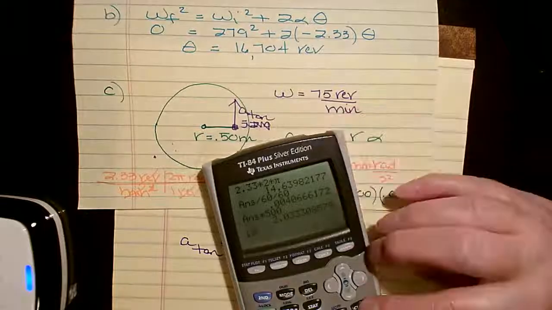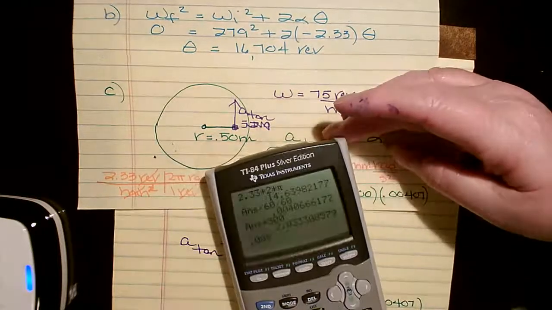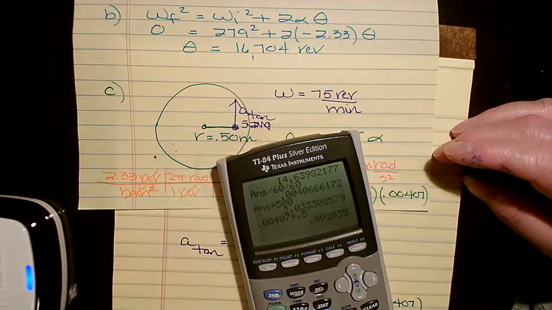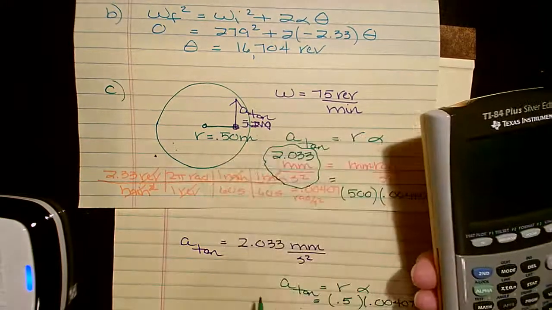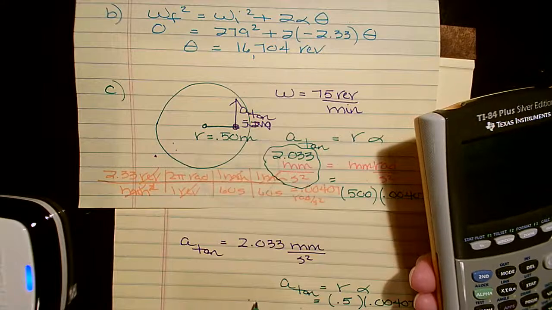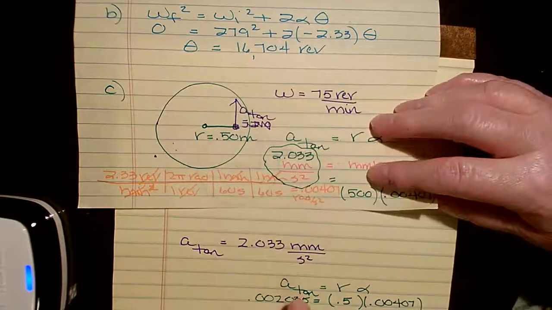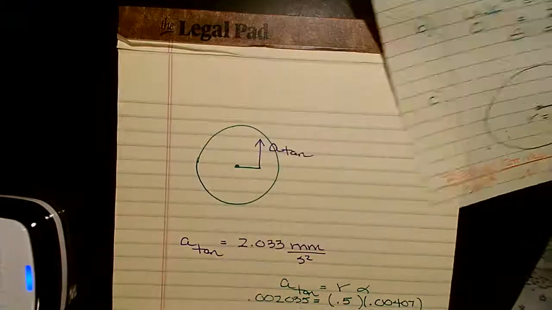So that is going to be 0.00407 times 0.5. And that is A tan, 0.02035.